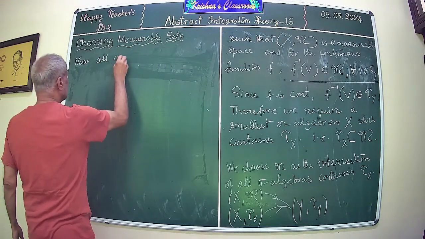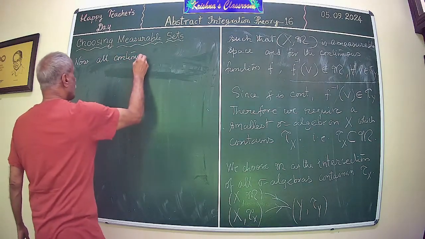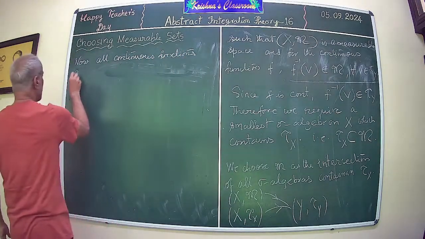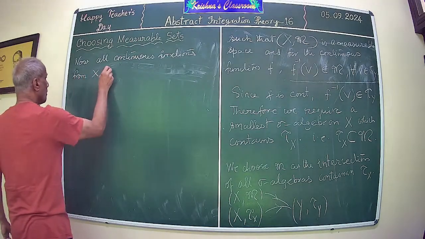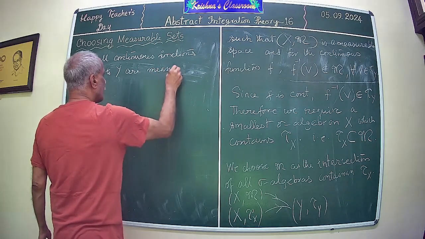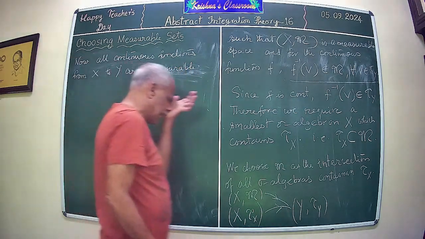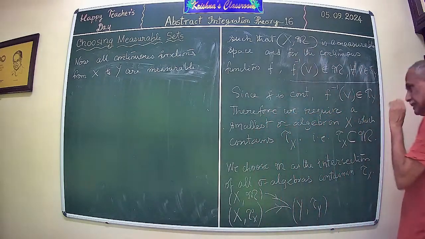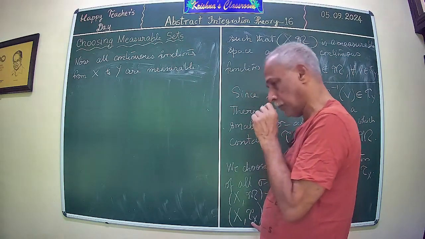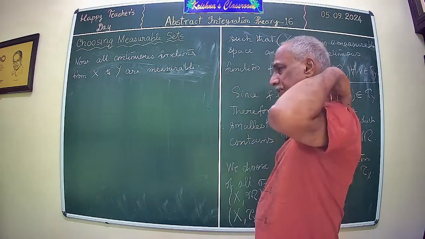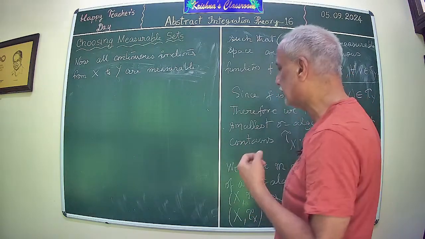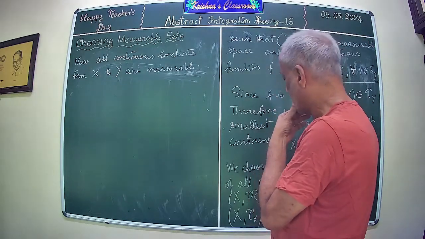All continuous. Now this is something that you have. So now you have two structures on X. You have a topology on that, and you can call that the measurable sets generated by the topology.